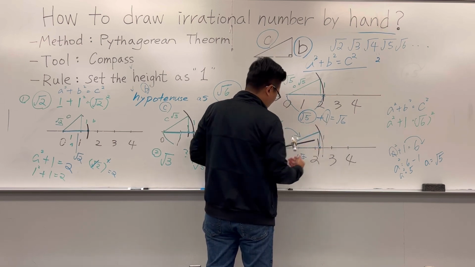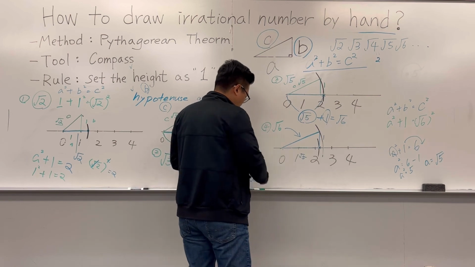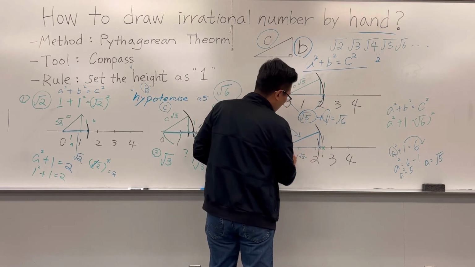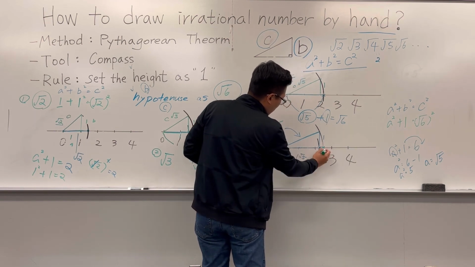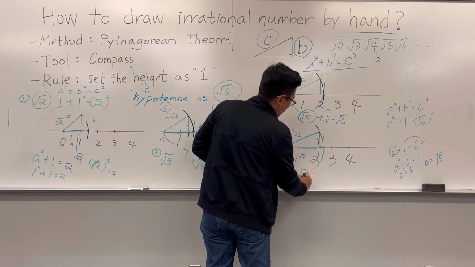You swing it across the number line, and you will have a cross point. From 0 to this cross point, the length here is the square root of 6.